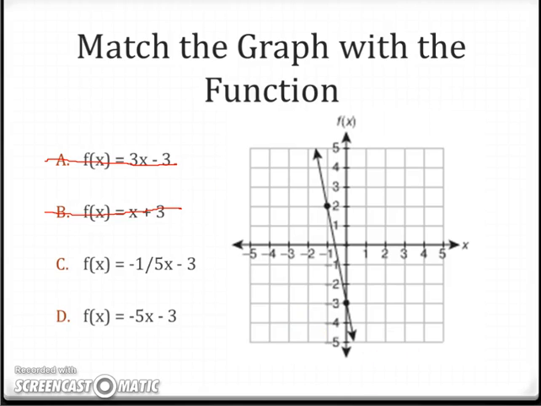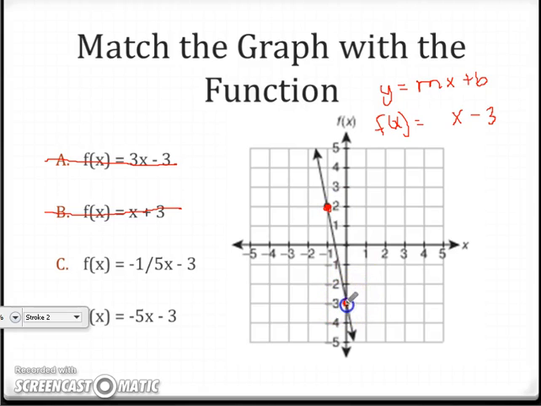Next thing we're identifying, so we can write it in slope-intercept form, mx plus b. My y-intercept is a -3. Both of these equations have a -3. So I know my equation has -3. And in function notation, we just have to find our slope. So the difference between this point here and this point here.